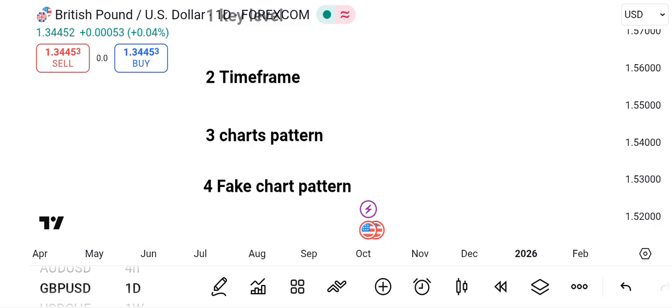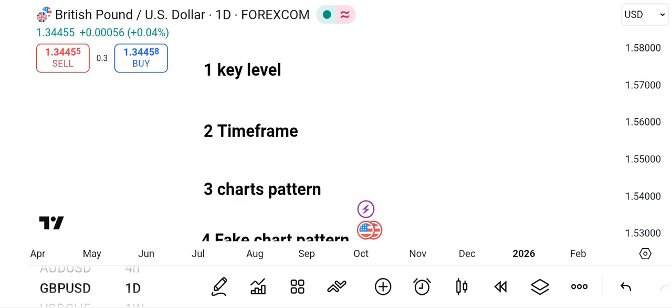And once you don't get your zone properly, once they fake that chart pattern, you will be carried away, and you will follow that premature chart pattern to the upside or to the downside. What they will do next is collapse the market to the preferred point where they want the market to go. So you have to understand that fake chart pattern. Understanding the fake chart pattern has to do with your key levels and the time frame you trade.